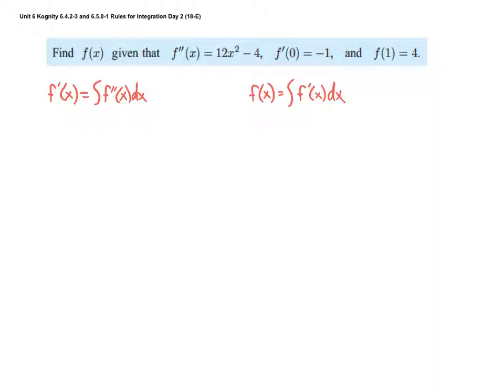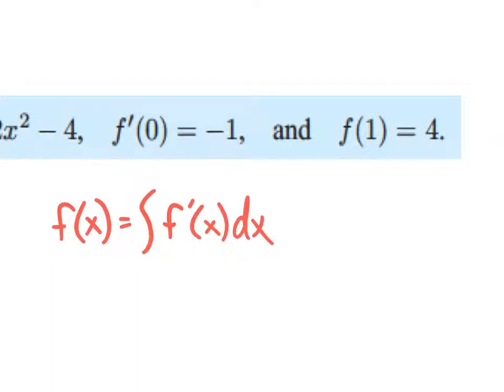How we go about handling the c's will depend on what we are given. Notice here we're given 1 point on the derivative and 1 point on the original function.